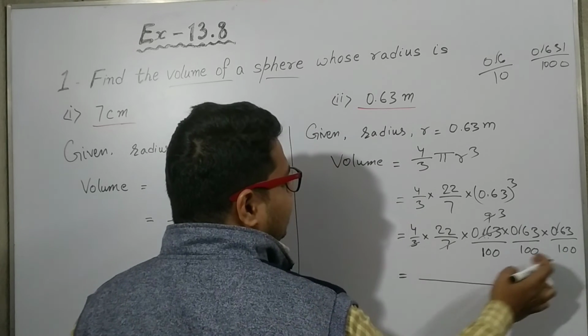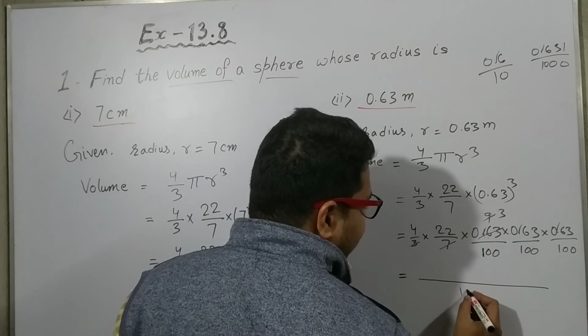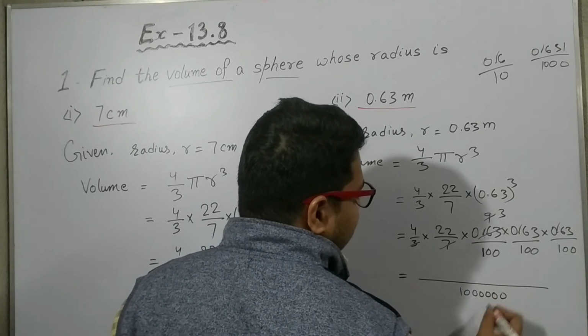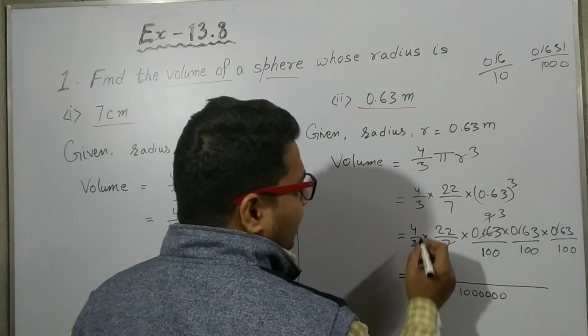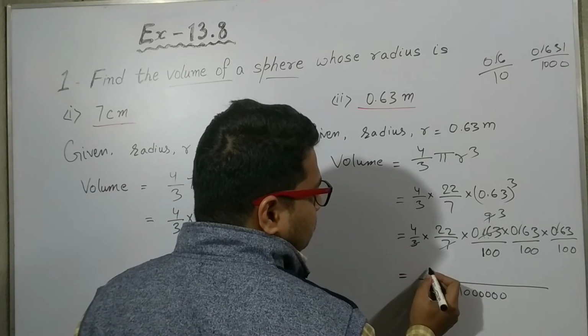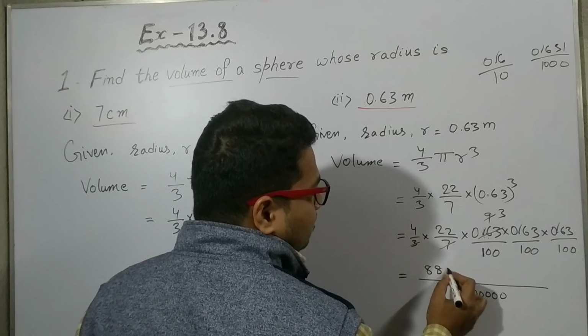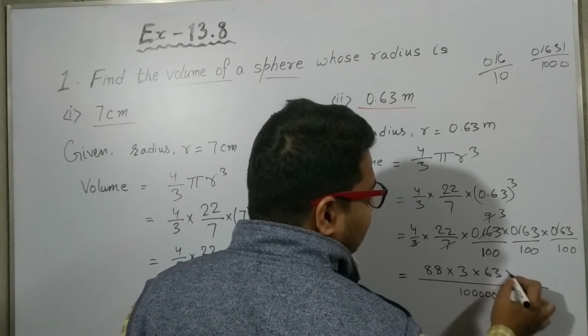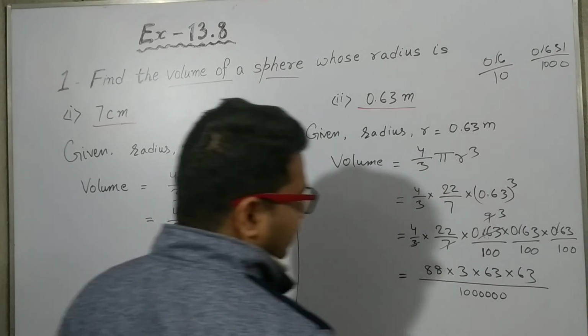So how many zeros are there in the denominator? 6 zeros are there. Then write 1 followed by how many zeros? 6 zeros, because 3 hundreds are there, and finally it is 4 into 22, it is 88, multiplied by what? 3 into 63 into 63. Clear?